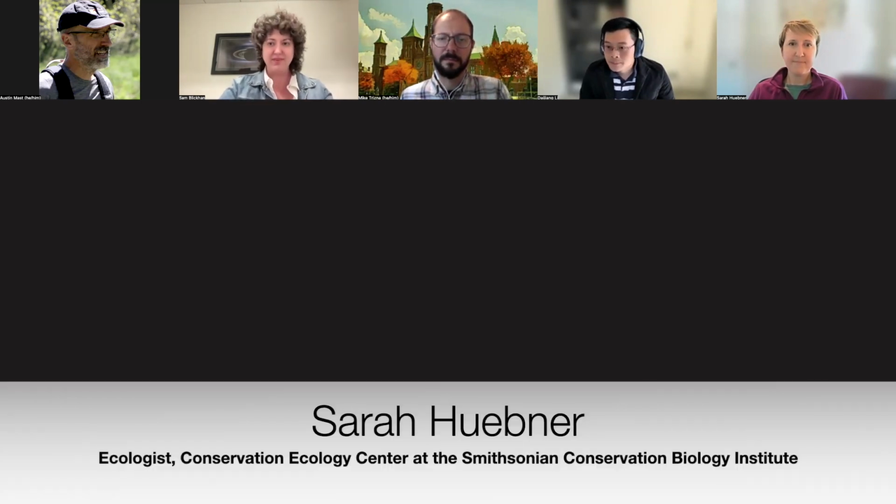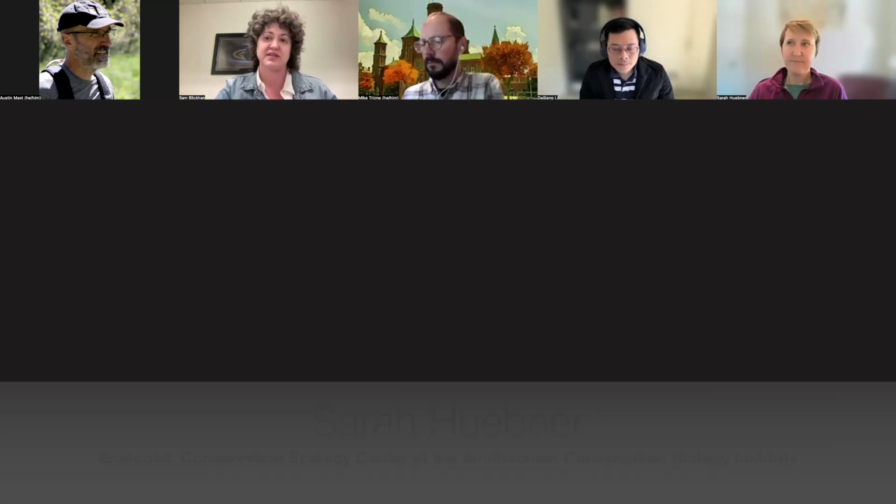I will now introduce our first speaker, Dr. Sarah Huebner. Sarah is an ecologist and program manager with the Smithsonian's National Zoo and Conservation Biology Institute, where she coordinates the efforts of a coalition of organizations that are working together to deliver conservation technology solutions at regional, national, and global levels.